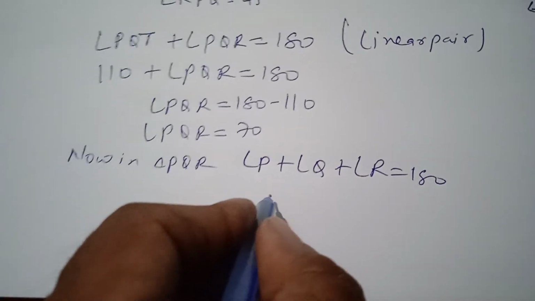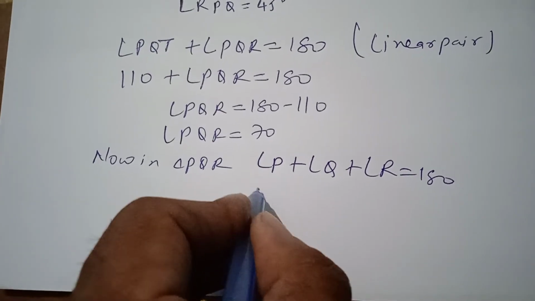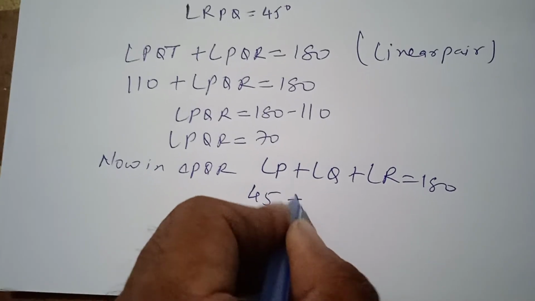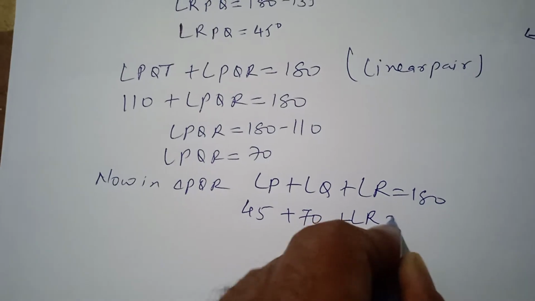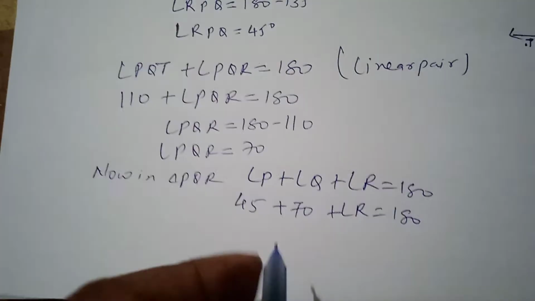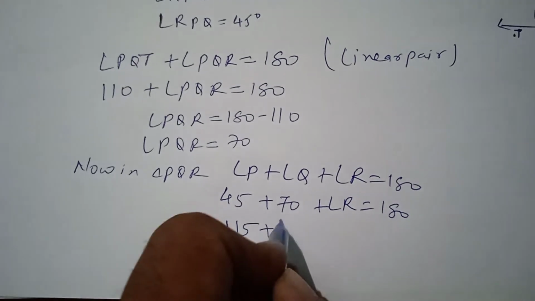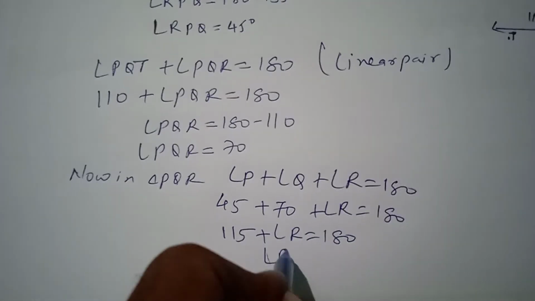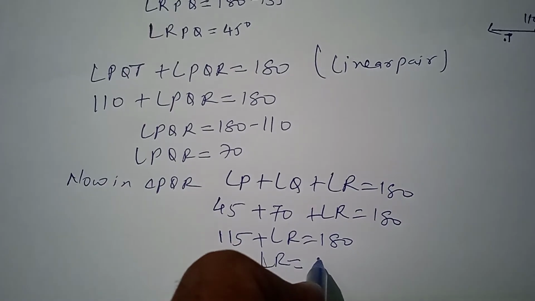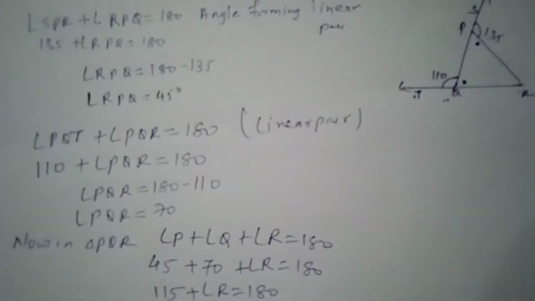Angle P we are getting 45, angle Q 70. Angle R we are not having. 70 plus 45 is 115, plus angle R is equal to 180. Angle R is equal to 180 minus 115, which is 65. Angle R means PRQ.